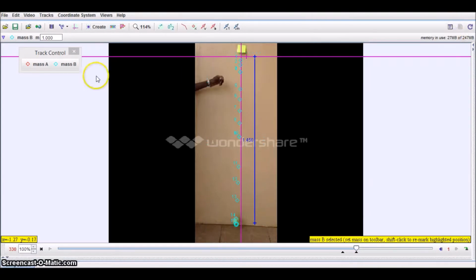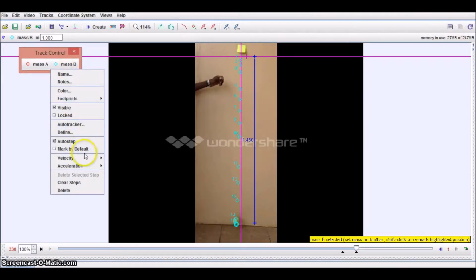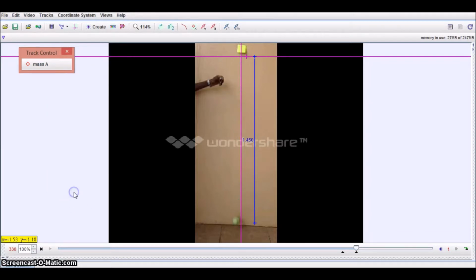So basically that is what I did to obtain the graph.